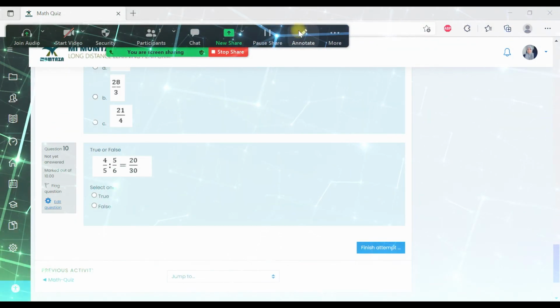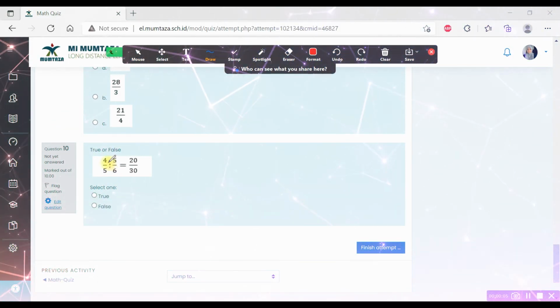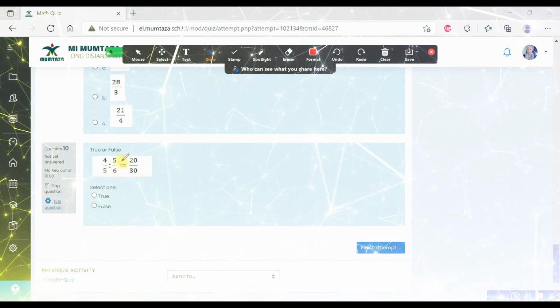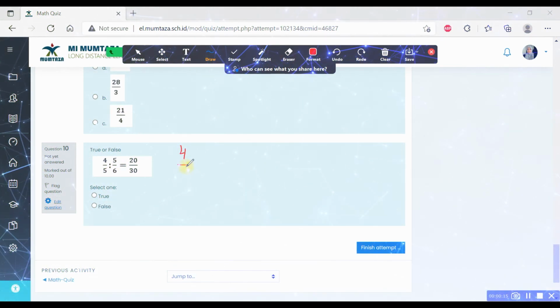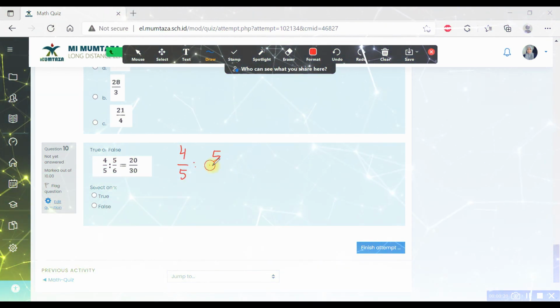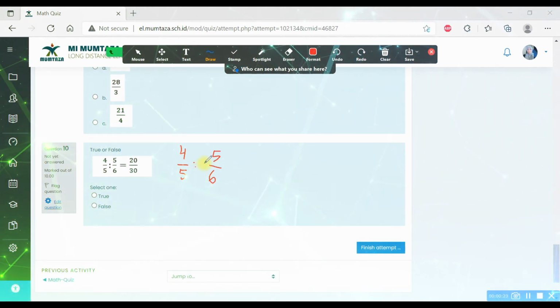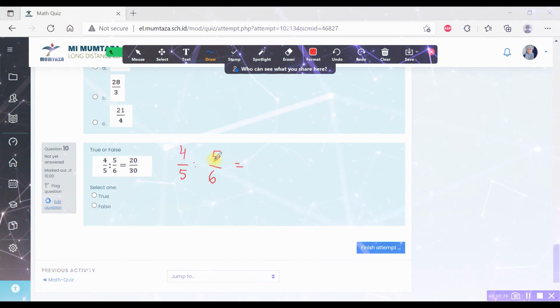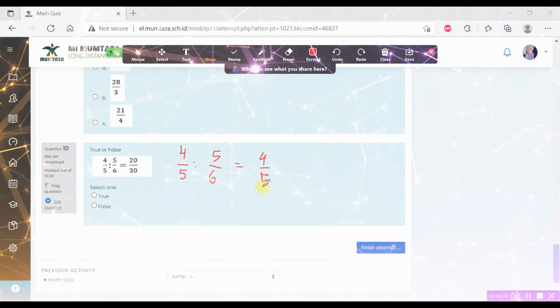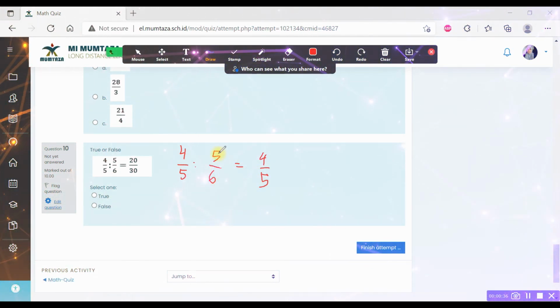Okay, the last one, number 10, about division. Don't forget division, so you must invert the second fraction first. 4/5 divided by 5/6. Because this is division, you must invert the second fraction. The first fraction stays the same, 4/5. But the second fraction you must invert, 6/5.